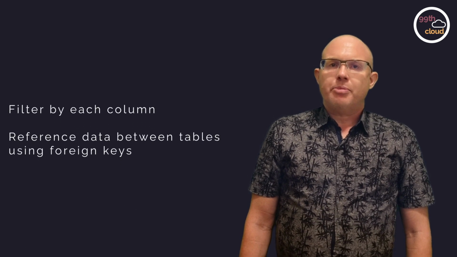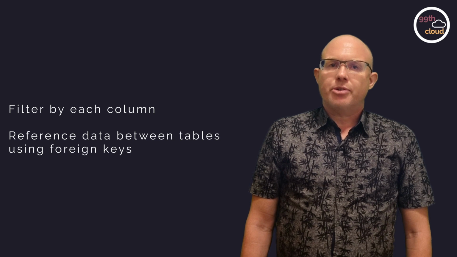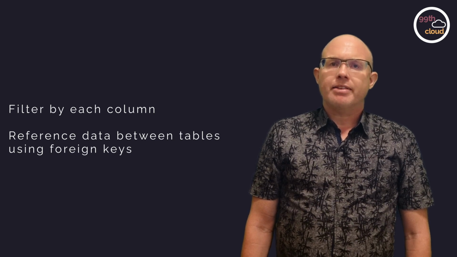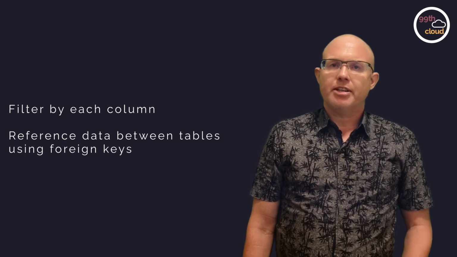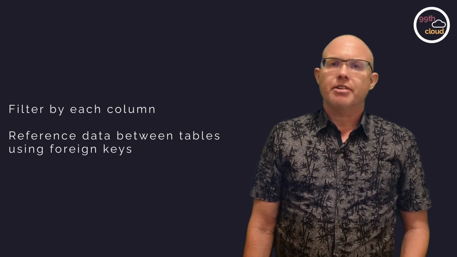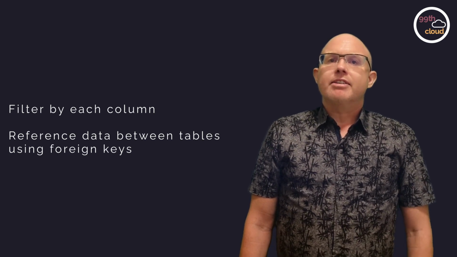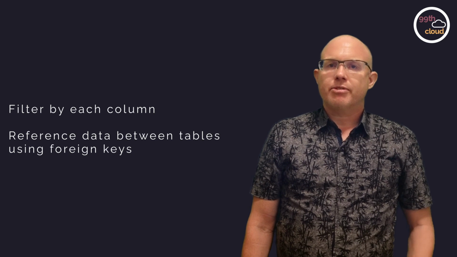Well, it is possible to filter by each column without having to create indexes. And it is possible to reference data between tables using foreign keys. This gives you a lot of flexibility to structure your data and enables you to do queries over several tables using the references. Let's look at an example.